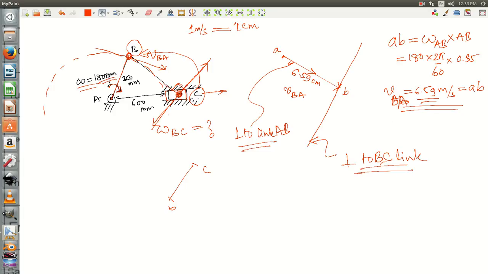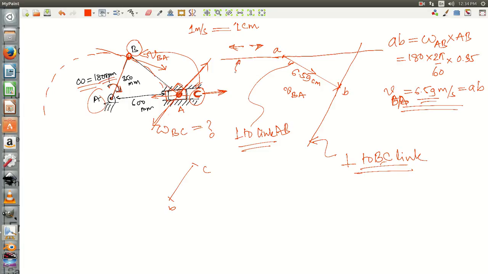Now we have already discussed that the point C has a sliding velocity, either in this direction or this direction, with respect to the fixed link A. So from the point A, the slider C has a horizontal velocity, which can be in this direction or in that direction.